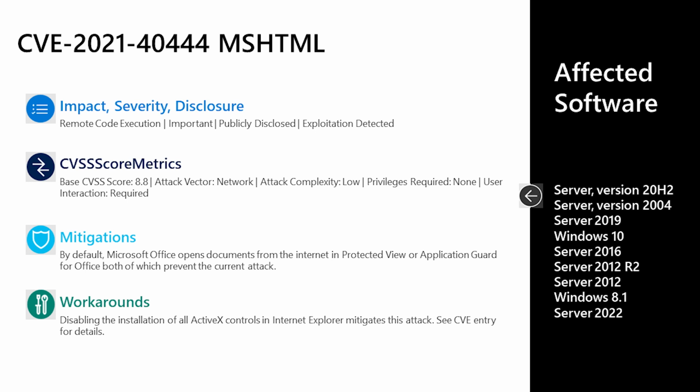You'll still be protected as long as you have the September cumulative update or monthly rollups installed on your systems. So again, there are two vulnerabilities that were documented since our last release in August, and both of these CVEs have updates in today's release. So please go ahead and install those updates right away and protect your systems as best you can.